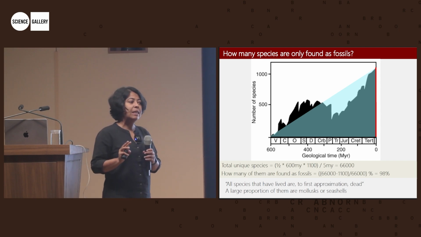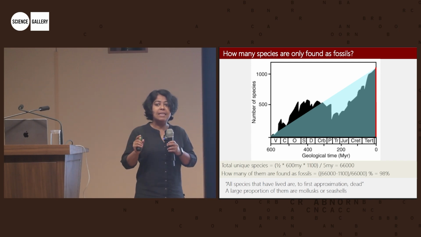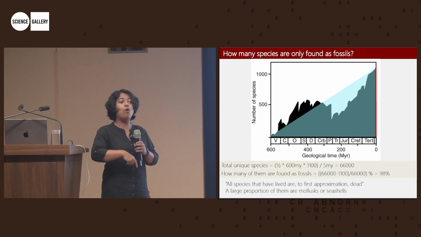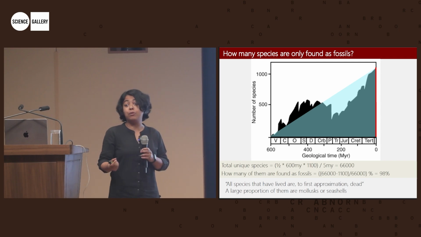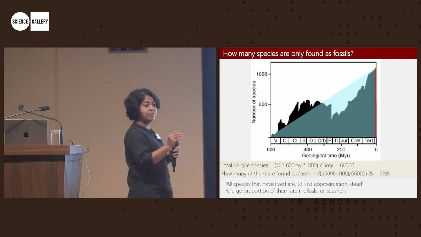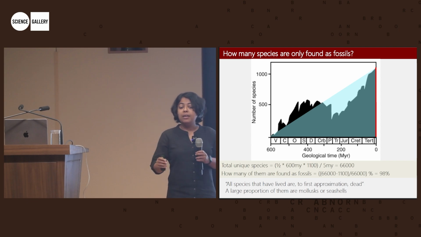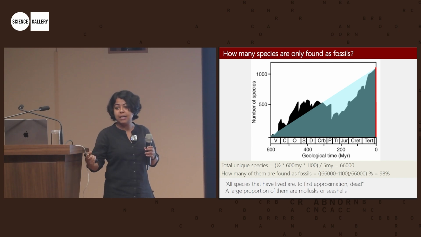Some people may think that that's too less. We are basically missing this 98% of all biota that you can get only from the fossils, and hence it's important to study them. It's not just that they are different, they are gone, they are also telling us a lot about how organisms evolve over a long time.